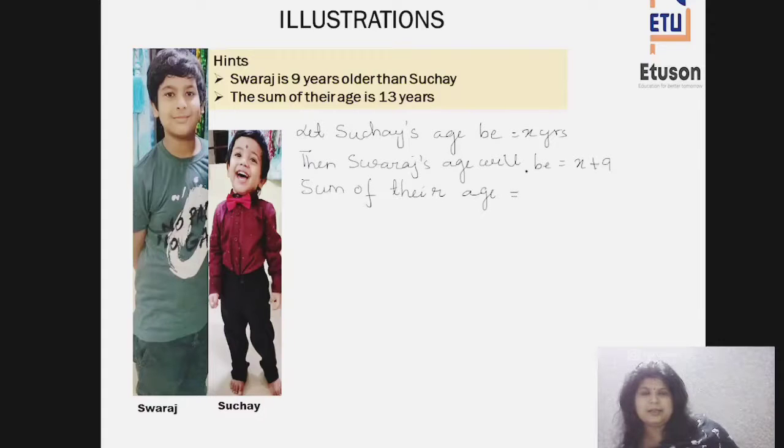In terms of your variable, it is x plus x plus 9, that is equal to 2x plus 9. So now 2x plus 9 is equal to 13. So 2x is equal to 13 minus 9. So x is equal to 4 divided by 2, that is 2 years.